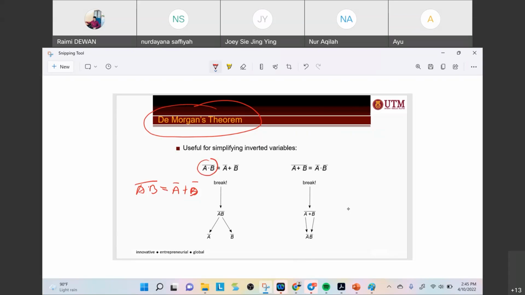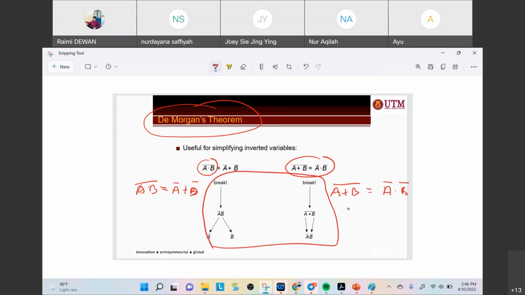Similarly, if we want to go for the OR, A inverted OR B inverted, you will have A inverted dot B inverted. This theorem is very useful in case you want to solve for inverted variables.